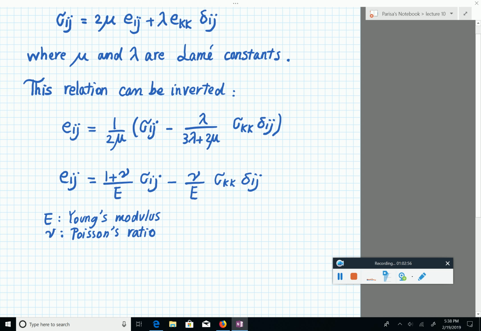And what are the dimensions of the Lamé constants? Just like E, they're like a stress.